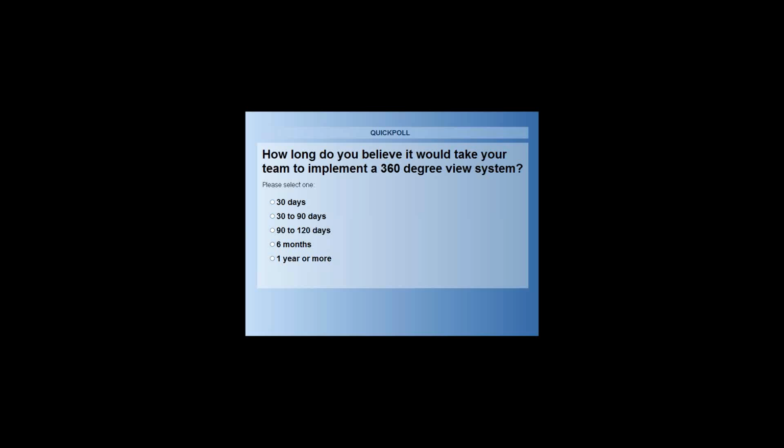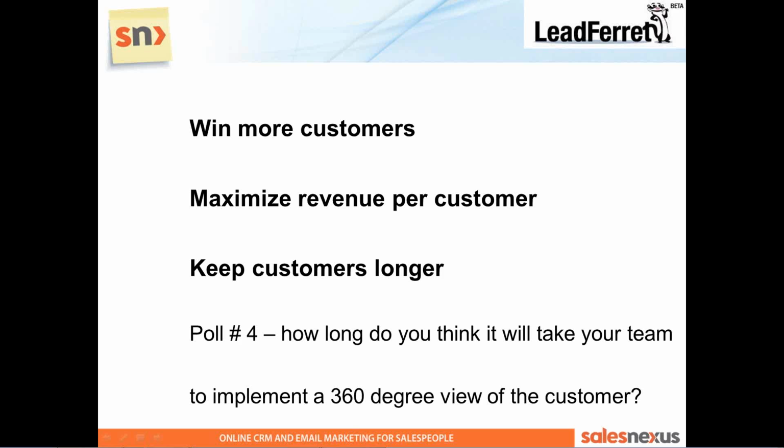Is it 30 days or less, 30 to 60 days, 90 to 120 days, 6 months, or a year or more? Okay, a few more seconds, and then we'll close it down.